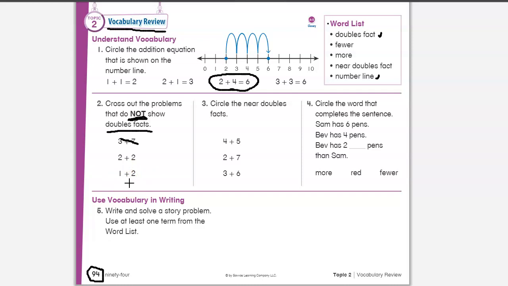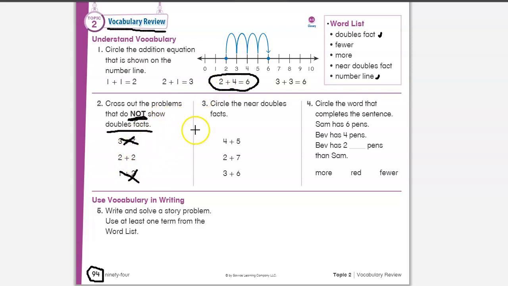Is 1 plus 2 a doubles fact? 1 plus 2 is not a doubles fact. For it to be a doubles fact, it would need to say 1 plus 1 or 2 plus 2. This is not a doubles fact. So far we should have circled our equation in number 1 and completed number 2.